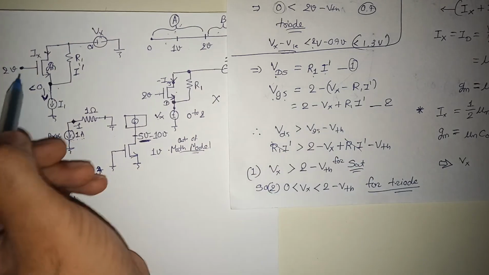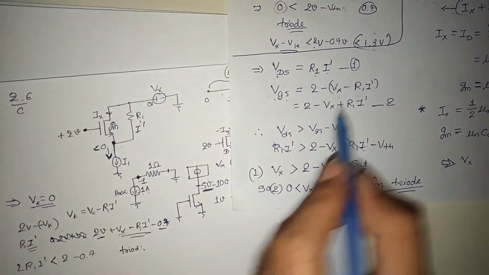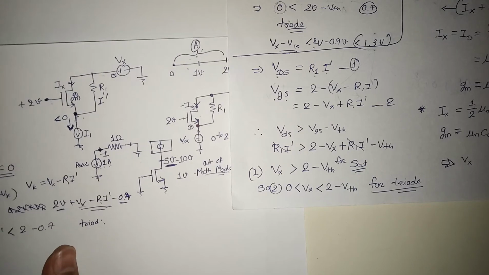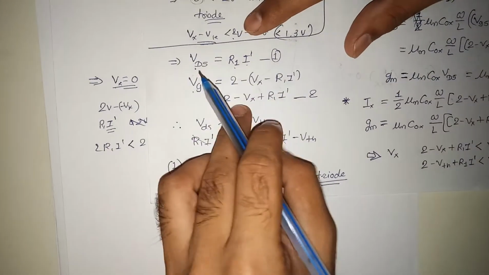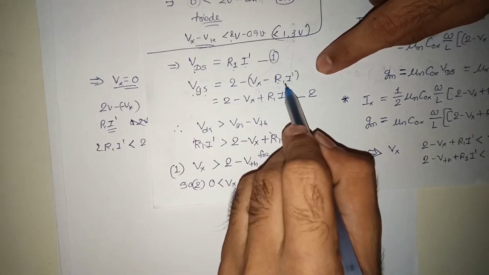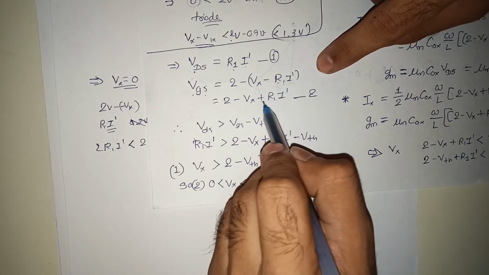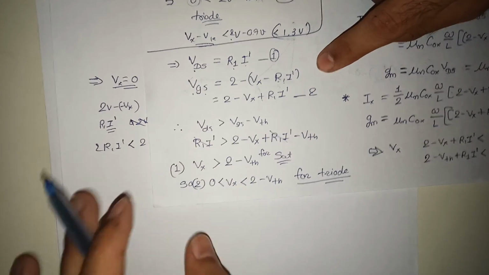VGS is 2 minus this potential. So that potential is nothing but 2 minus Vx minus R1 I dash. It will ultimately become plus here.